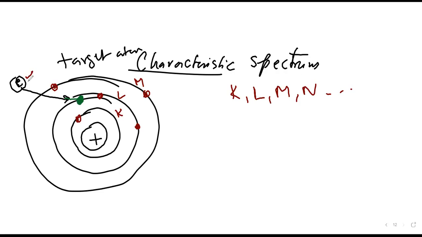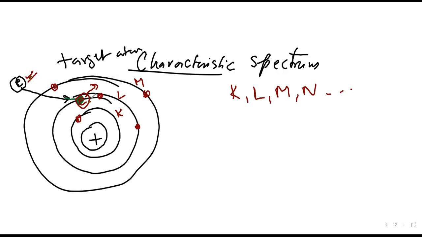Since it has some energy, it will knock out that electron, which will go out and vacate its place. When this highly accelerated electron strikes the target atom, it may knock out the electron of the orbit.